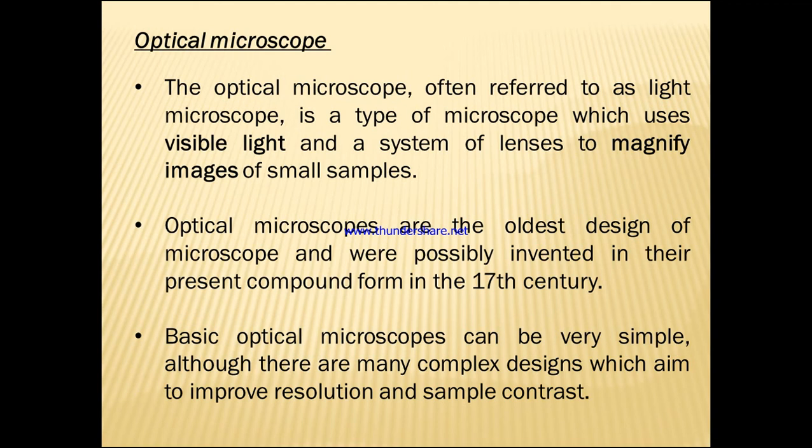If we have a less resolution, then we can't get clear or contrasted images. The sample should have high resolution, but the optical microscope has less resolution, so clear images cannot be found by this optical microscope.